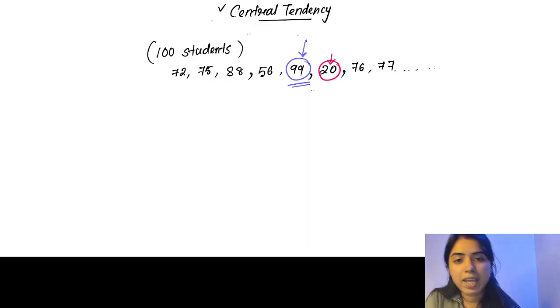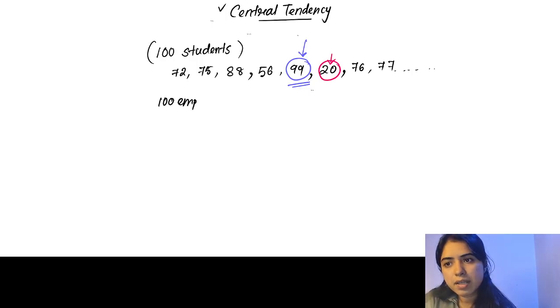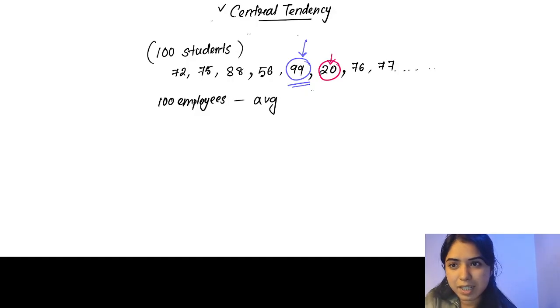In the same way, let's suppose in your office you have 100 employees, and I'm asking what the average salary is. Average is a representation of central tendency.